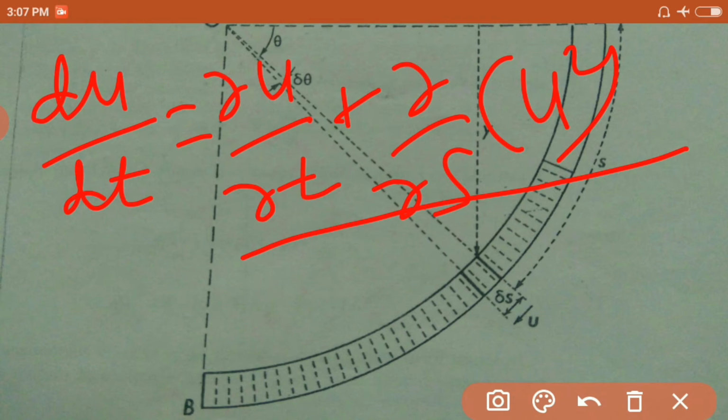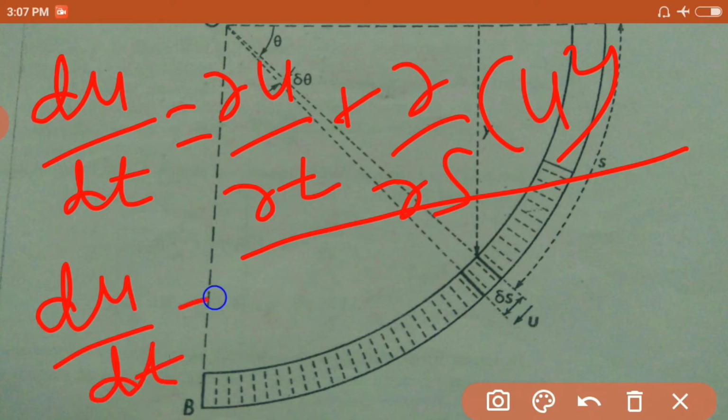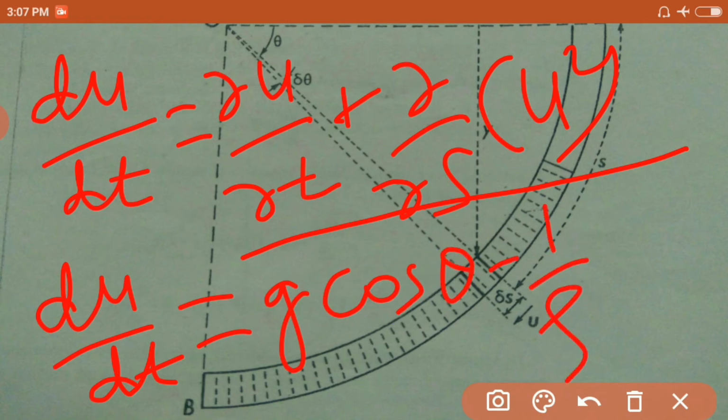Equation first is du by dt is equal to g cos theta minus 1 by rho dou p by dou s.